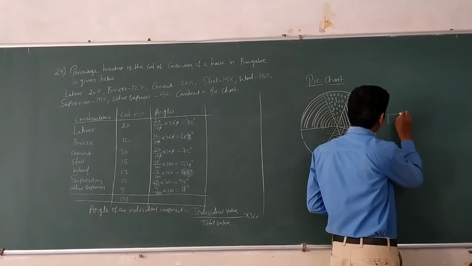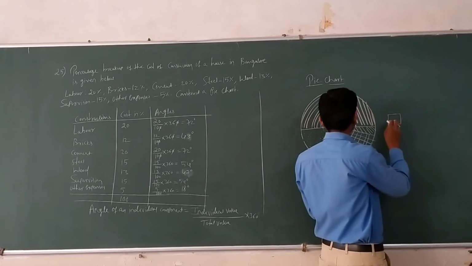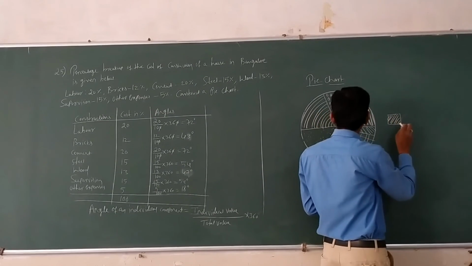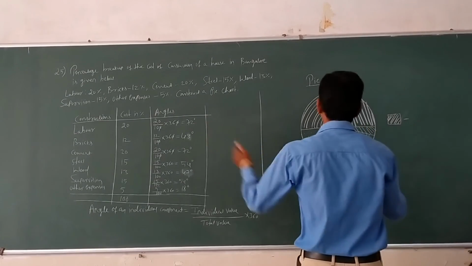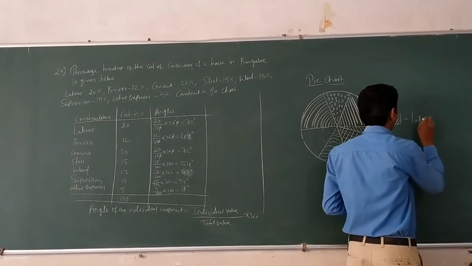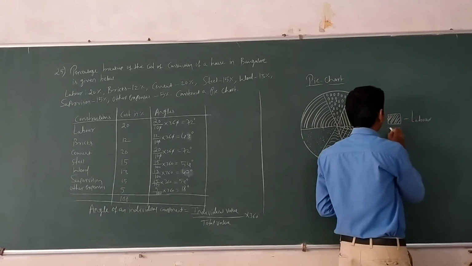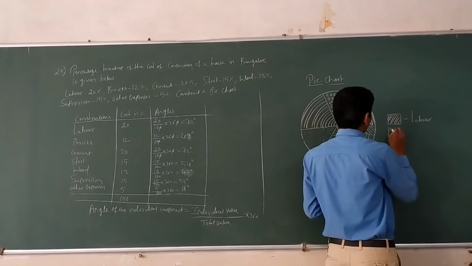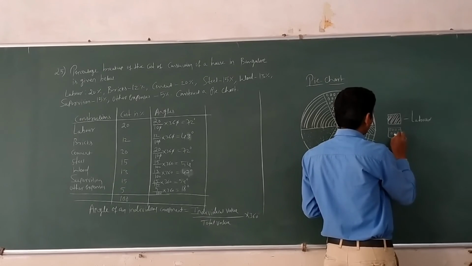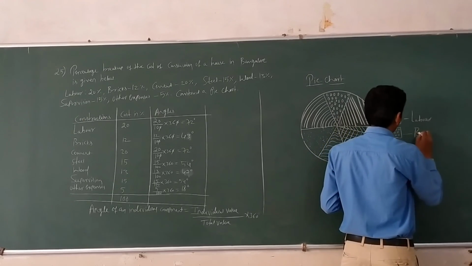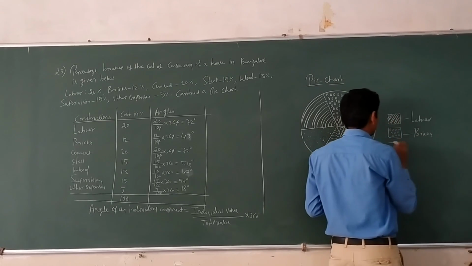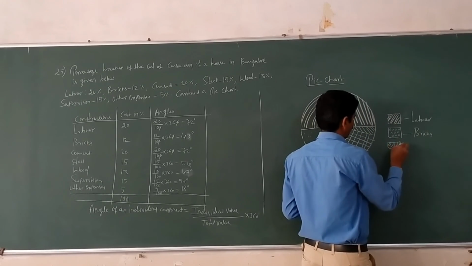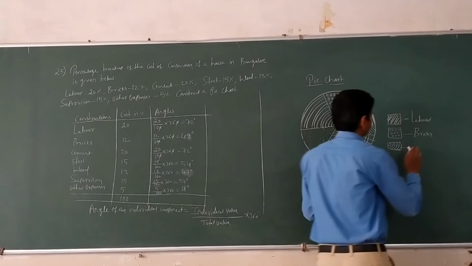The first index indicates labor. The second one is bricks. Next, it indicates cement.